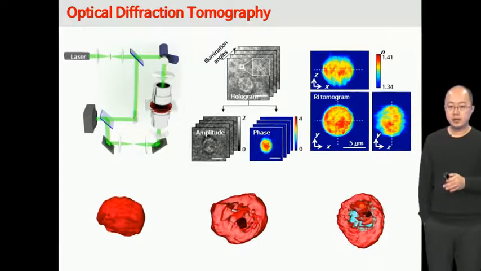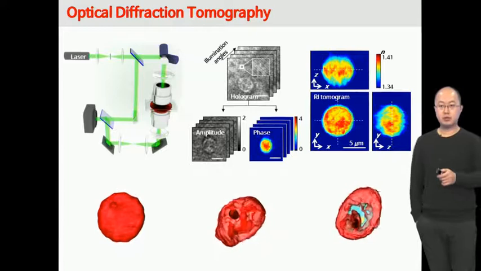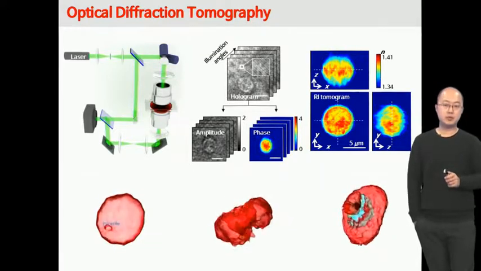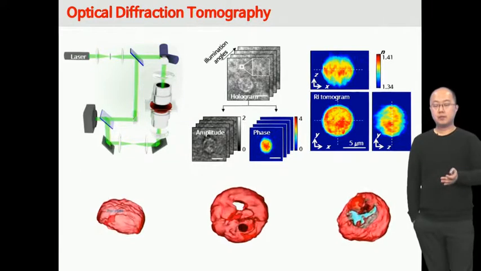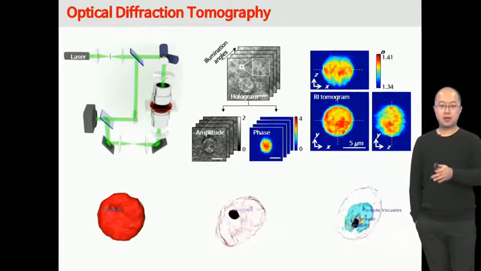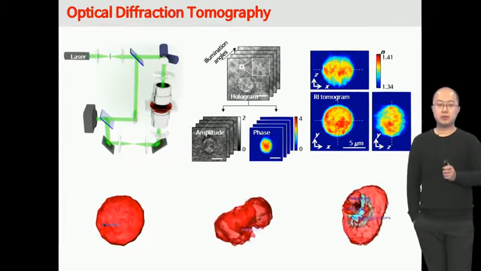This is a typical setup that we use these days. It is called an optical diffraction tomography system. Depending on the application, people have come up with different schematics, but the main principle is the same.